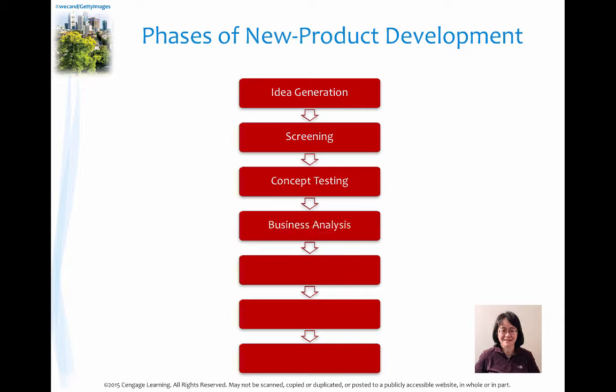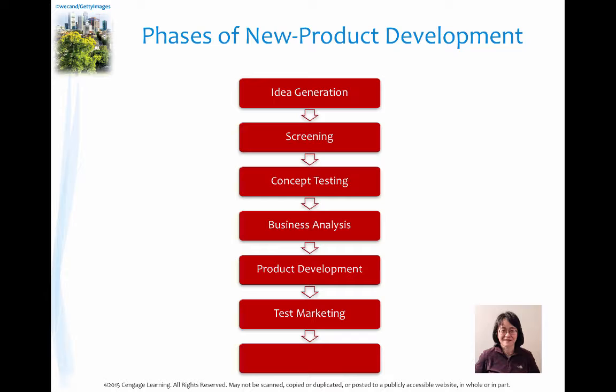During the business analysis stage, the product idea is evaluated to determine its potential contribution to the firm's sales, costs, and profits. In the product development stage, the organization determines if it is technically feasible to produce the product and if it can be produced at a cost low enough to make the final price reasonable.